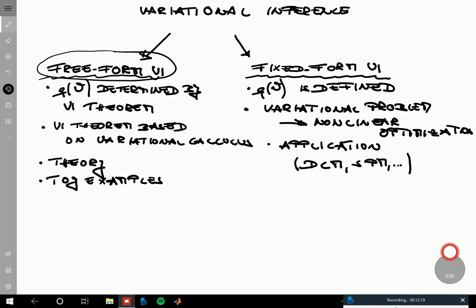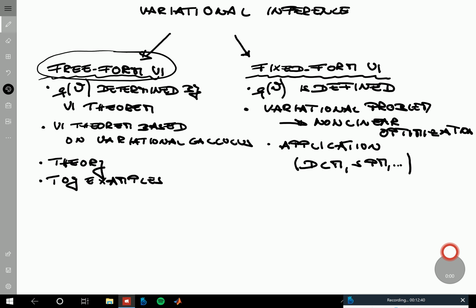It also helps to explain the name: it's called variational because it relates to variational calculus. I assume you don't really know what that is, so I want to tell you a little about it so that you know where the name comes from.